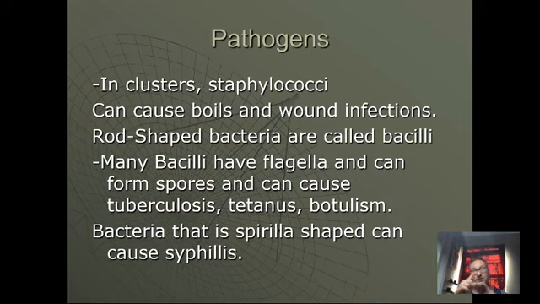We know flagella is the tail-like substance on a cell that helps propel or move the cell. So if we have bacilli, we can have tuberculosis, tetanus, and botulism, and we know botulism, nothing to play with.